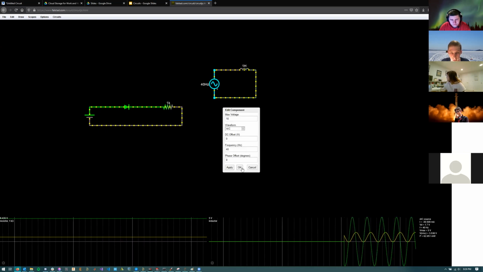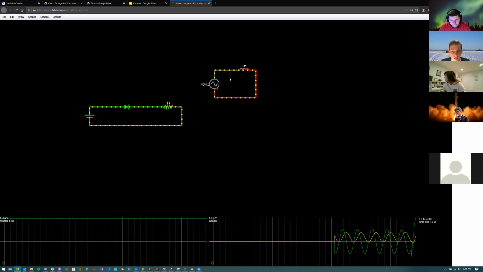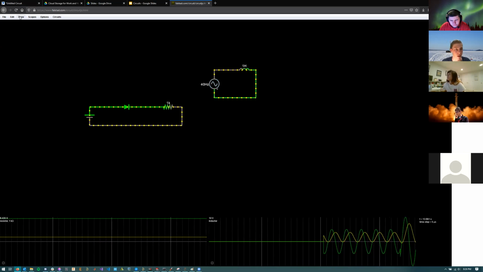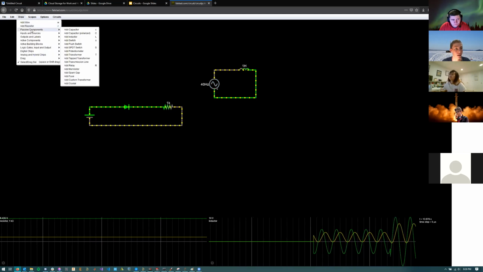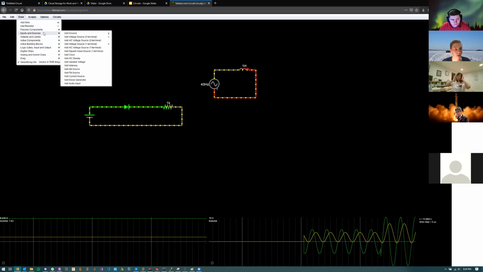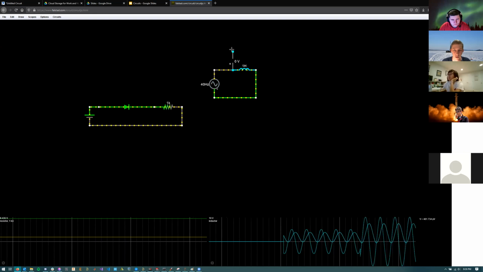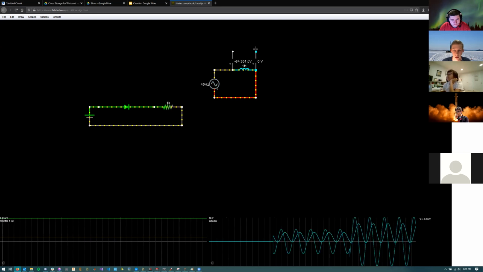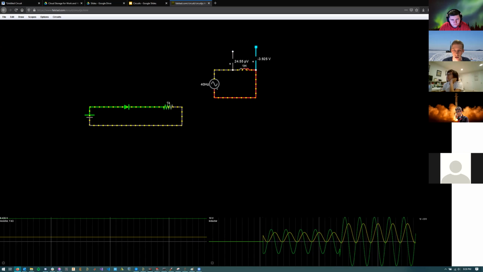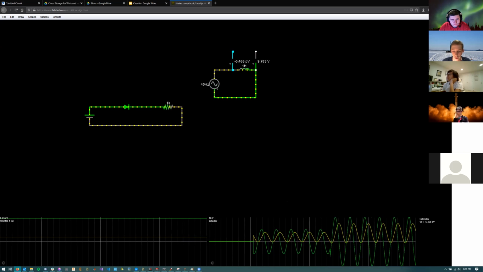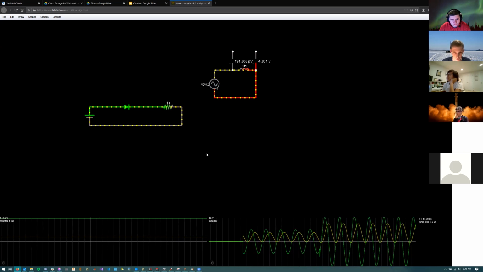Okay. So if we draw inputs and sources, we go voltmeter and scope probe, put a voltmeter here and a voltmeter here, and we'll try and plot both of those.